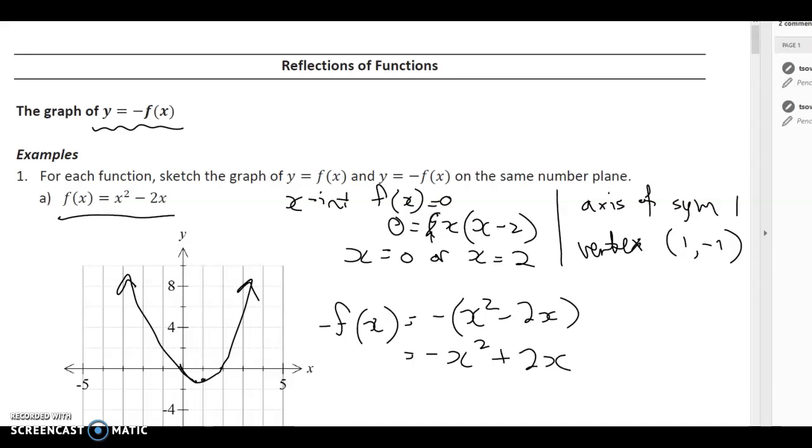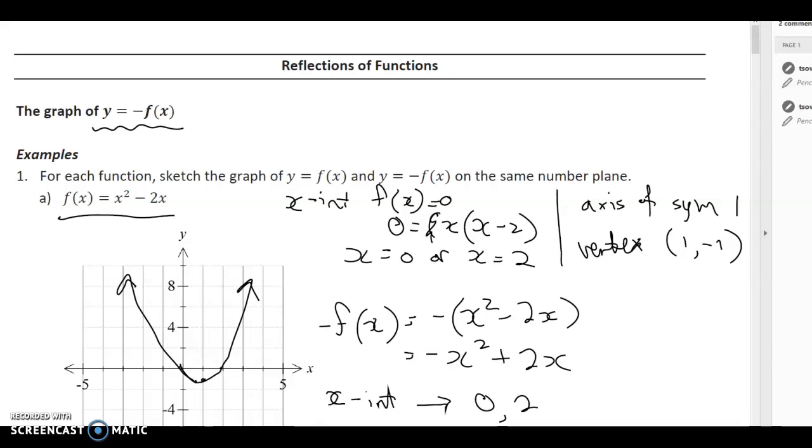And if we think about that one in the same way, the x-intercepts will also be 0 and 2. So if you factorize, you still get the same outcome.